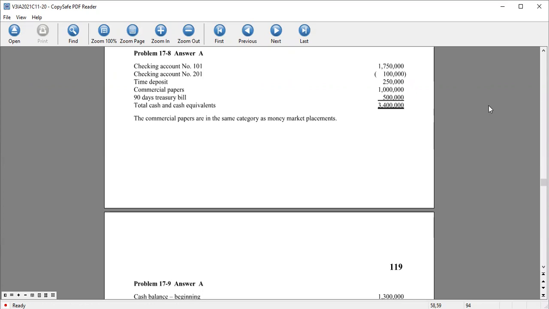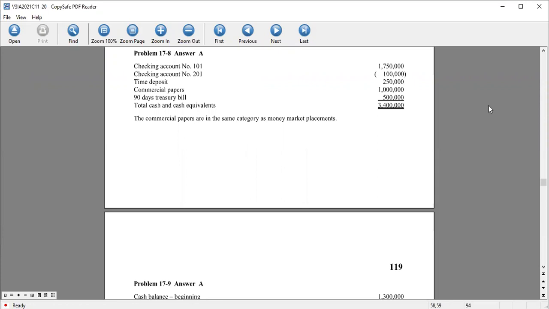of 1 million and the 90-day treasury bill due February 28. Now it qualifies as a cash equivalent because it has a maturity period of 3 months or less, counting from December 31, 2021 to February 28, 2022. The 180-day treasury bill is due on March 15, 2022.